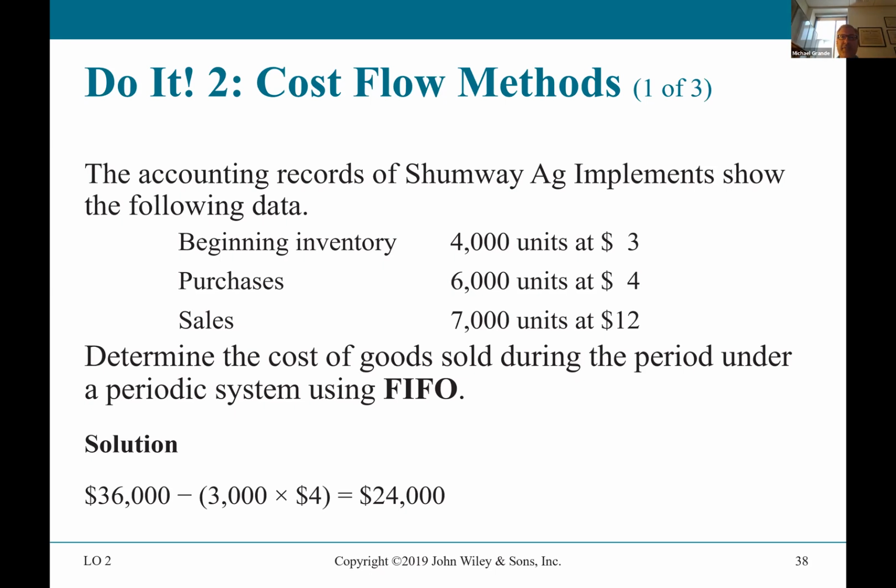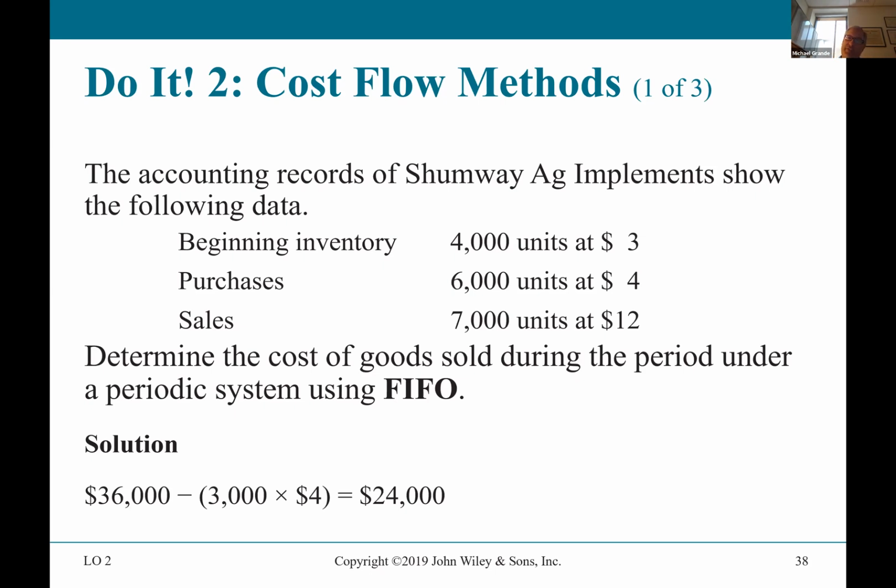So goods available for sale, you got to do all that math. 4,000 times 3 is 12,000. And then you've got 6,000 at 4, that's another 24,000. So goods available for sale are $36,000 minus ending inventory. Remember, FIFO, first in, first out.